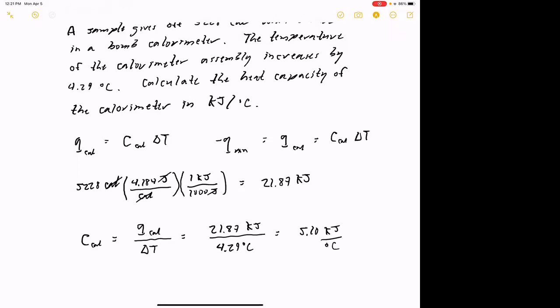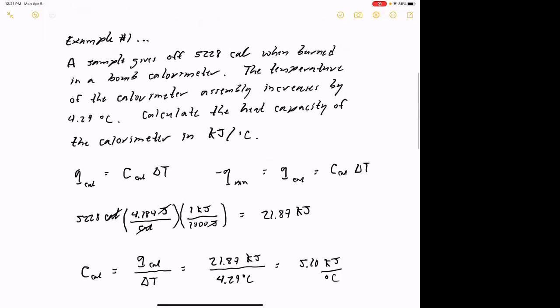Now again, something we have to recognize here is that 5,228 calories wasn't really a direct measurement that we made. As it turns out, that's something we can actually calculate. The way we do that is because I know the mass of the standard hydrocarbon that I'm burning, how much of it I used, which I can convert to moles.